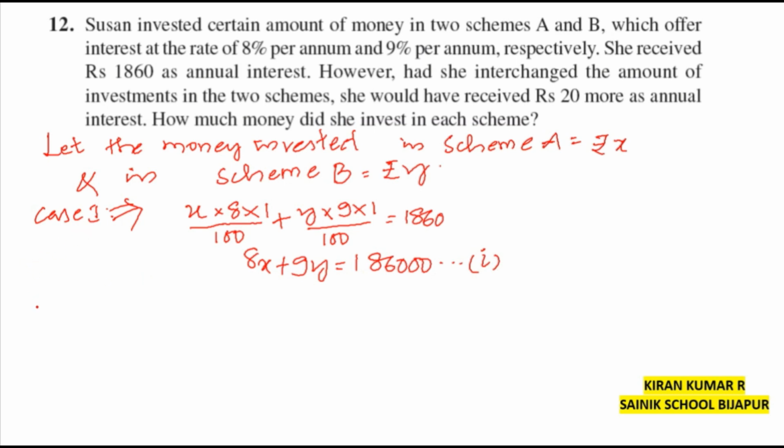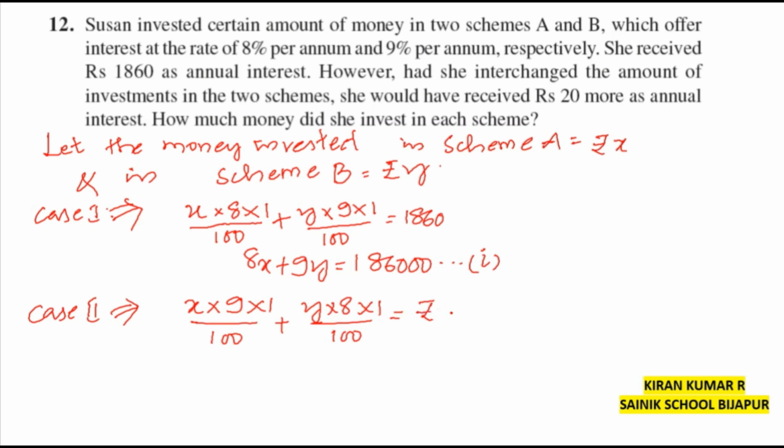Case 1. In the case 2, the rate of interest are interchanged. So it becomes x multiplied to 9 multiplied to 1 upon 100 plus y multiplied to 8 multiplied to 1 upon 100 equal to rupees. They are given that she would receive 20 rupees more than the earlier interest.